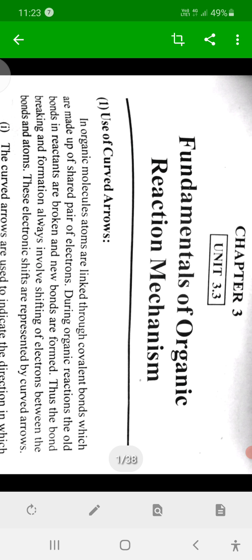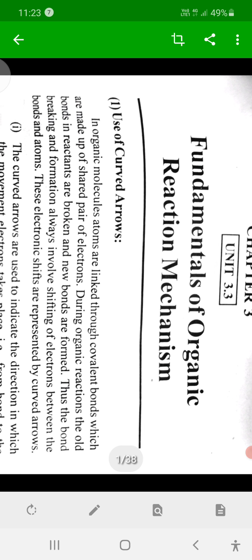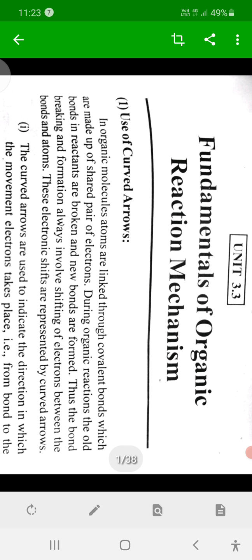We first discuss the use of curved arrows, use of arrows in chemical reactions. Use of arrow is very important.